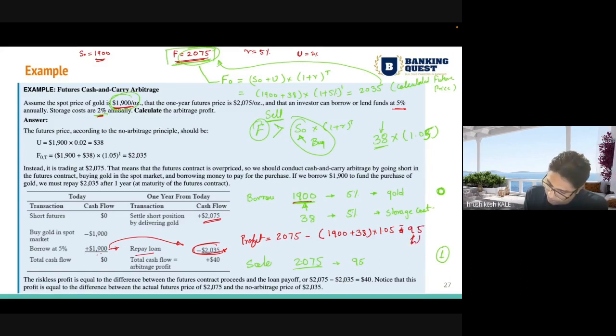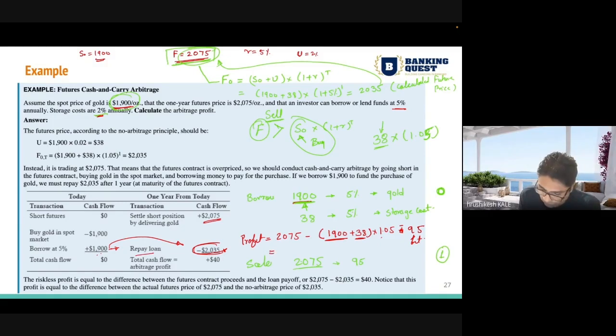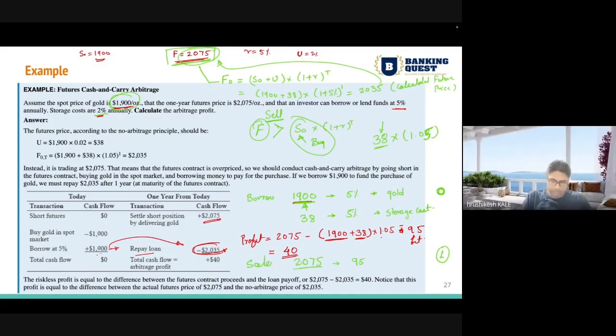This is your interest. And this is the purchase cost and the storage cost. So the interest will be on the purchase cost as well as the storage cost. You got my point now? Yes. And therefore the profit came as 40. So 1938, its 5%. Exactly.